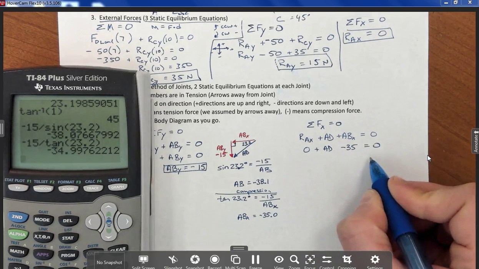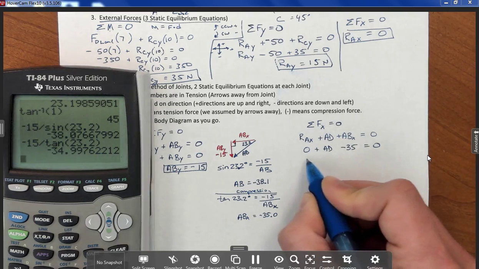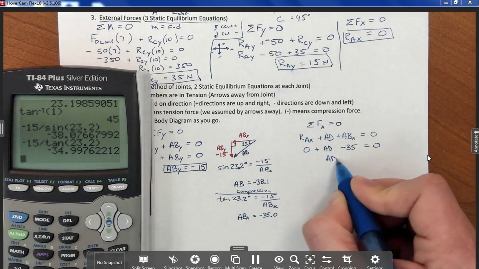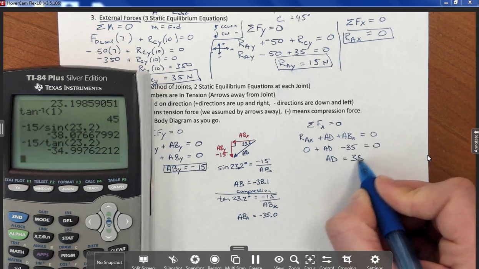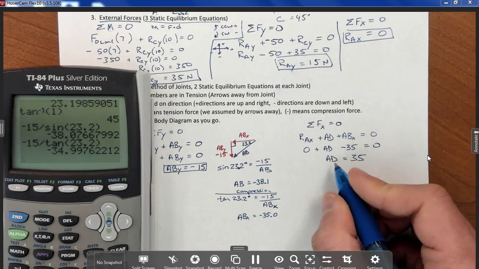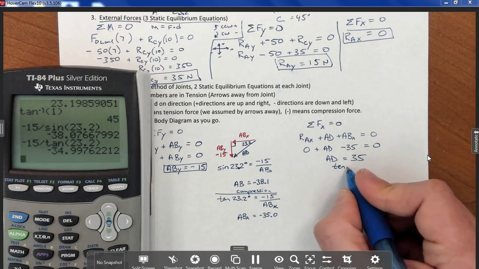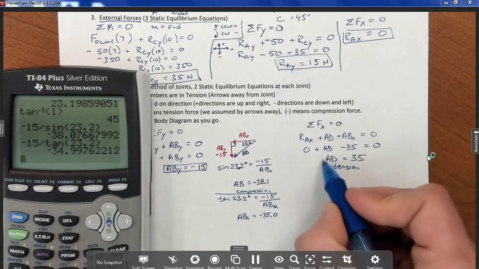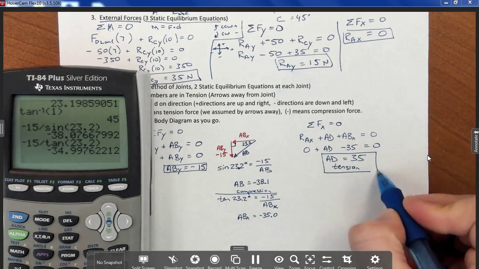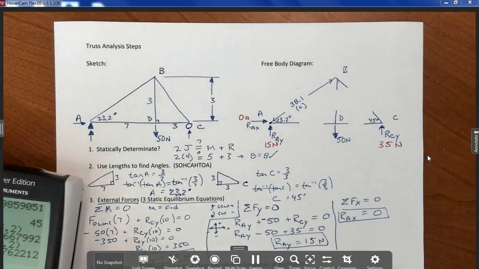So I plug that in for the sum of my forces in the x direction, and AD is the only unknown. So I'm going to add 35 to both sides, and I've got AD. And AD worked out to be positive, and so positive means that it is in tension. Okay, so again, let's update our free body diagram.